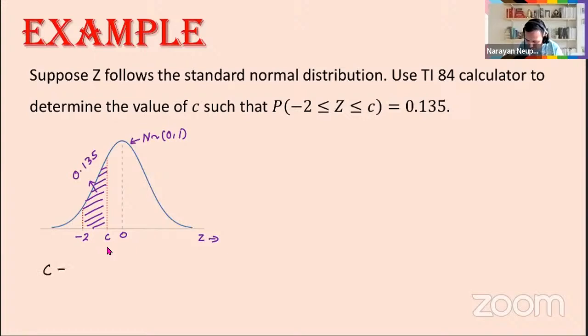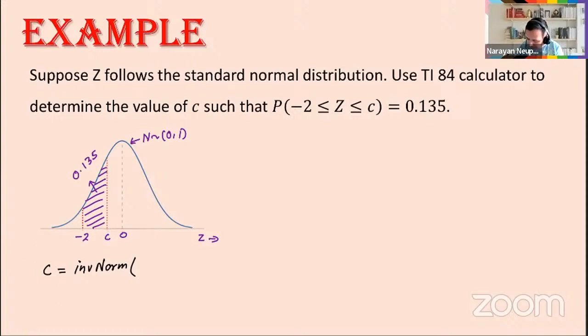C is equal to, if we want to find the value along the x-axis, we use inverse normal. So this will be inverse normal, and then the area to the left of C. You can see the area to the left of C is required.